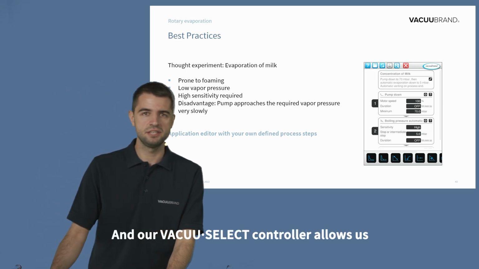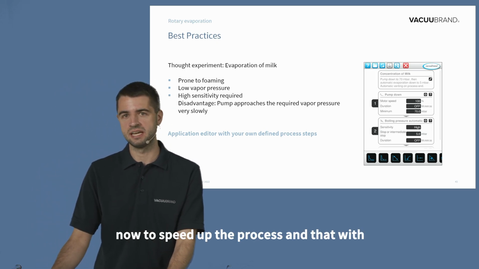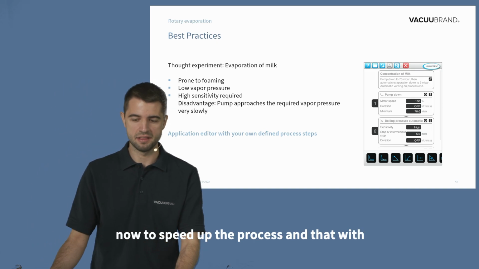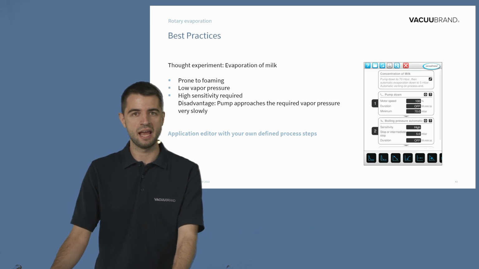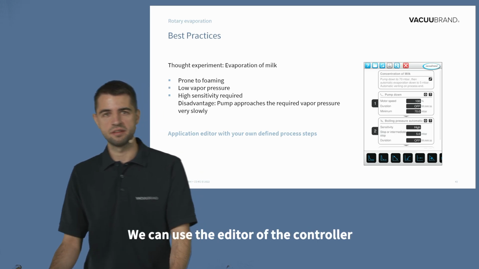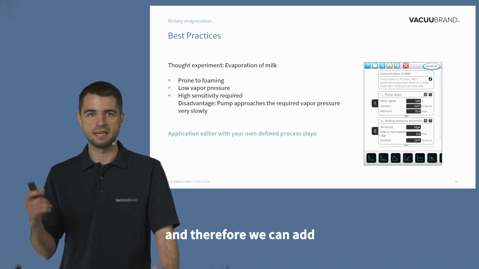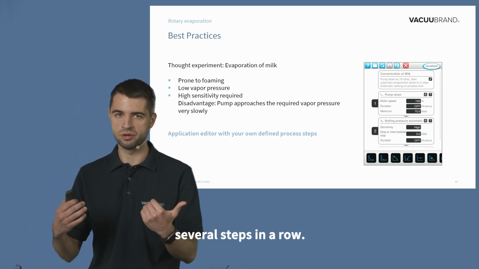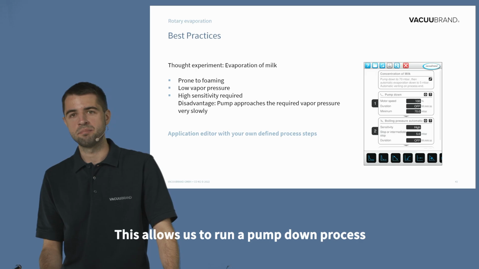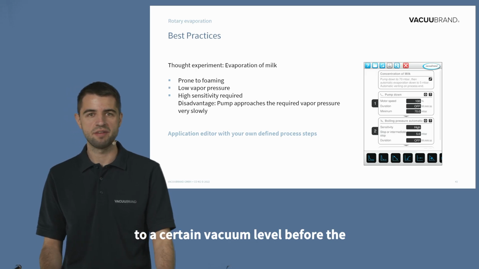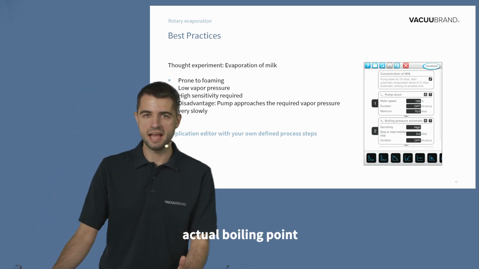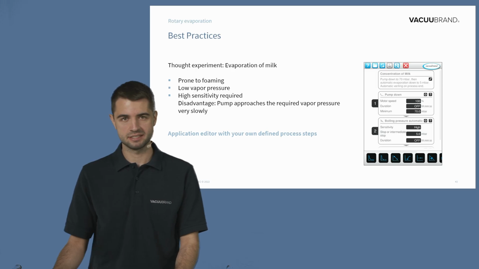And our Vacuum Select controller allows us now to speed up the process with the help of the editor mode. We can use the editor of the controller, and therefore we can add several steps in a row. This allows us to run a pump down process to a certain vacuum level before the actual boiling point detection even starts.